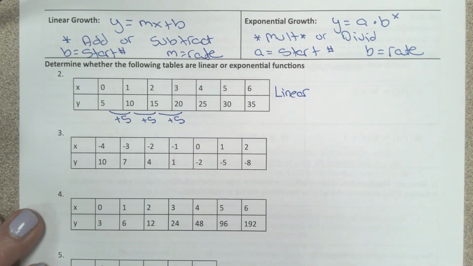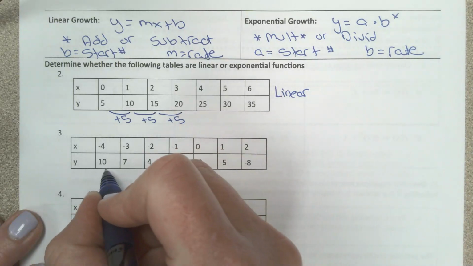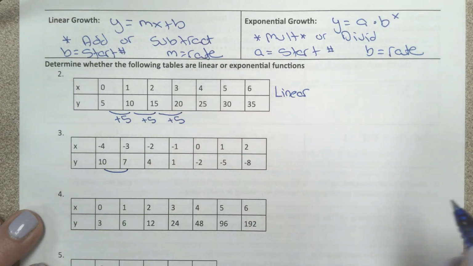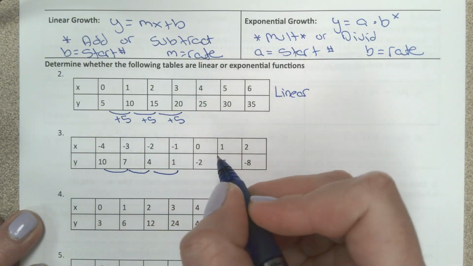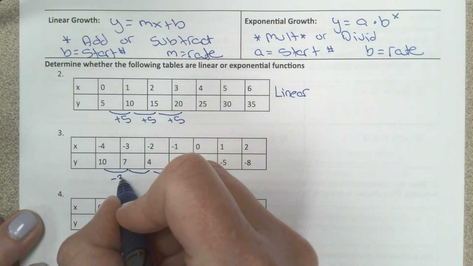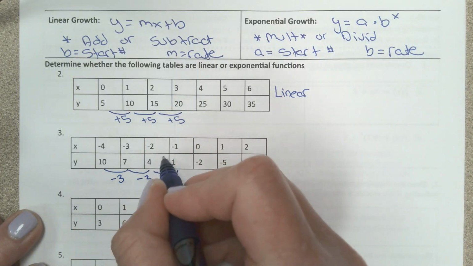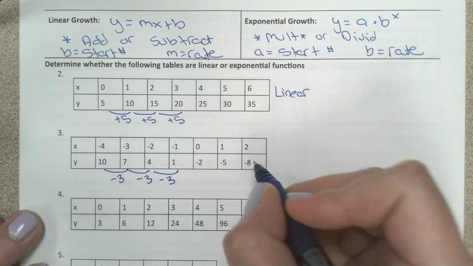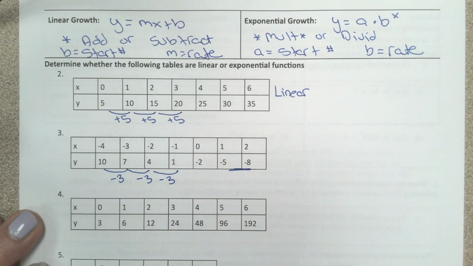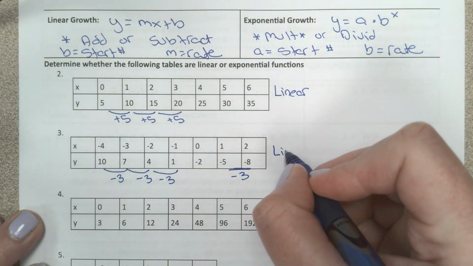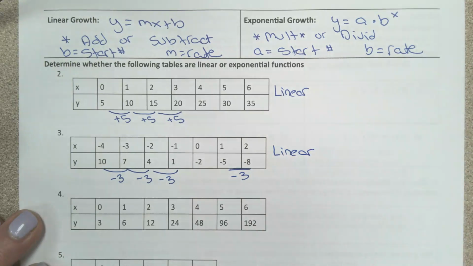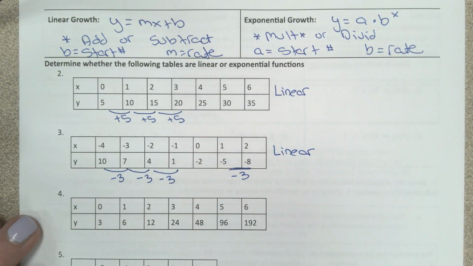Number 3, 10 down to 7, down to 4, down to 1. So I know that's a minus 3, that's a minus 3, that's a minus 3. If you jump and compare it at the end, that is also a minus 3. So this would be an example of a linear function.